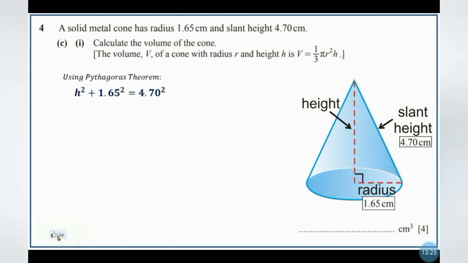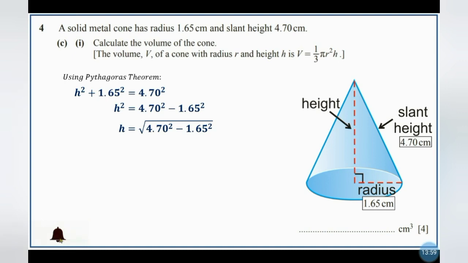So h is one of the legs, so h squared plus 1.65 squared is equivalent to the square of the hypotenuse, so 4.70 squared. Therefore h now is equivalent to 4.70 squared minus 1.65 squared. Why? Because I moved the 1.65 squared to the right side, it will become negative 1.65 squared. And then I will square root both sides.